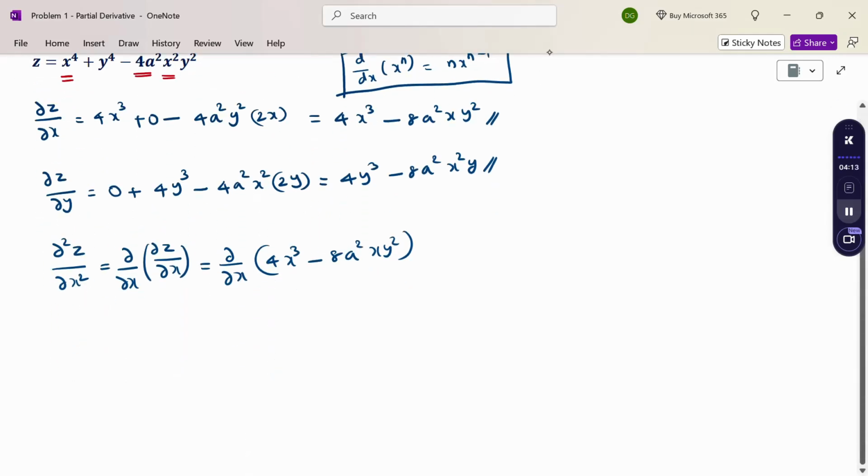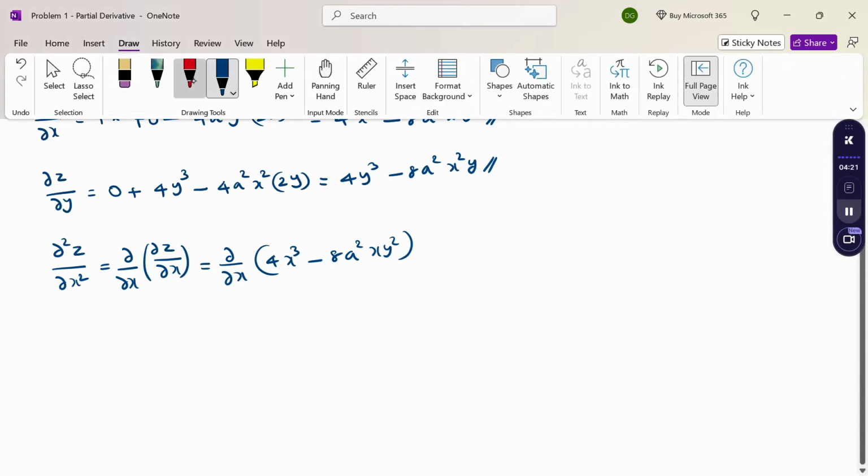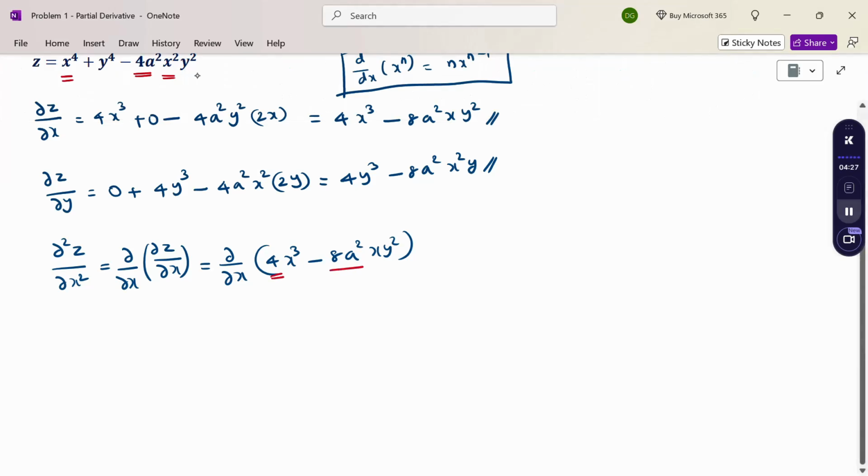So when I substitute ∂z/∂x, now I differentiate this whole expression partially with respect to x. When differentiating partially with respect to x, values other than x are constant. Here 4 is constant, minus 8a² is constant, y² is constant, so only x is the variable.